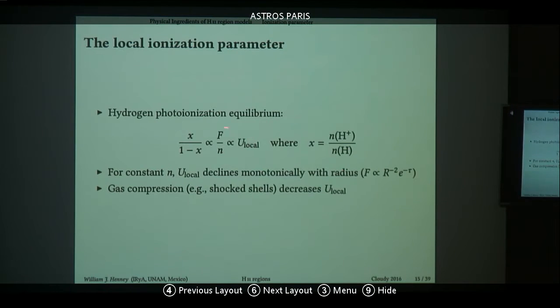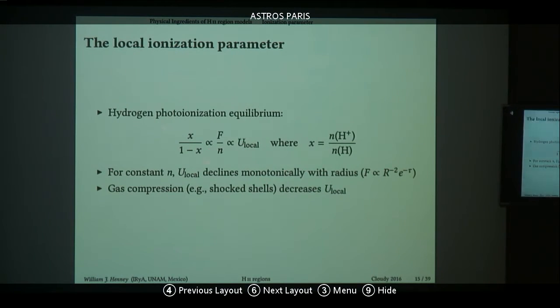If the density were constant, then the flux is what determines the local ionization parameter, and that should decline monotonically with radius by geometrical dilution and by absorption due to the trace fraction of neutral material in the H2 region. But wherever you have the density increased for any reason, for instance in a shock, cooling zone behind the shock, then that will also have an effect on the ionization parameter and will tend to decrease it.